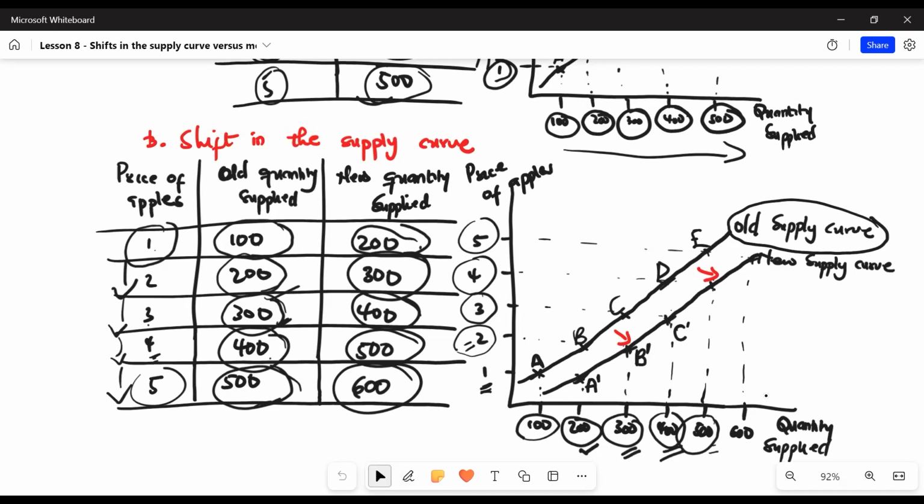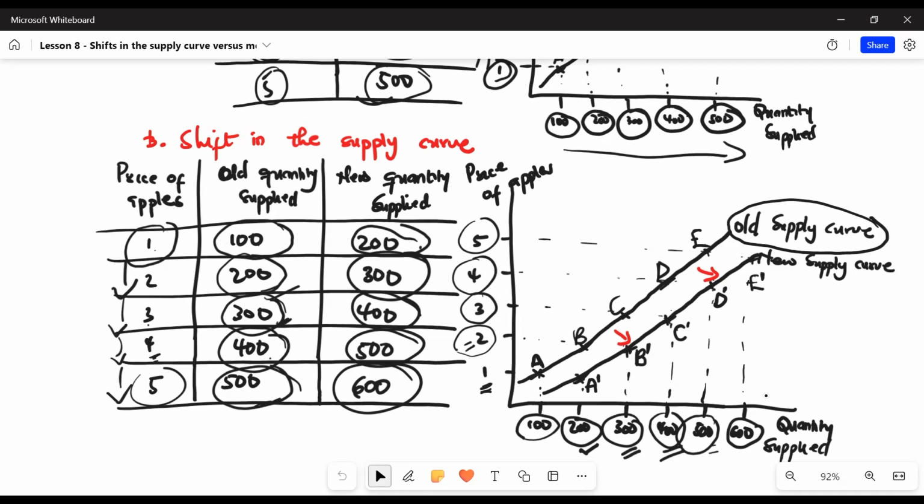This moves us from point D on the old supply curve to point D prime on the new supply curve. When price increased to 5, the old quantity supplied was 500, but the new quantity supplied is now 600, moving us from point E on the old supply curve to point E prime on the new supply curve.